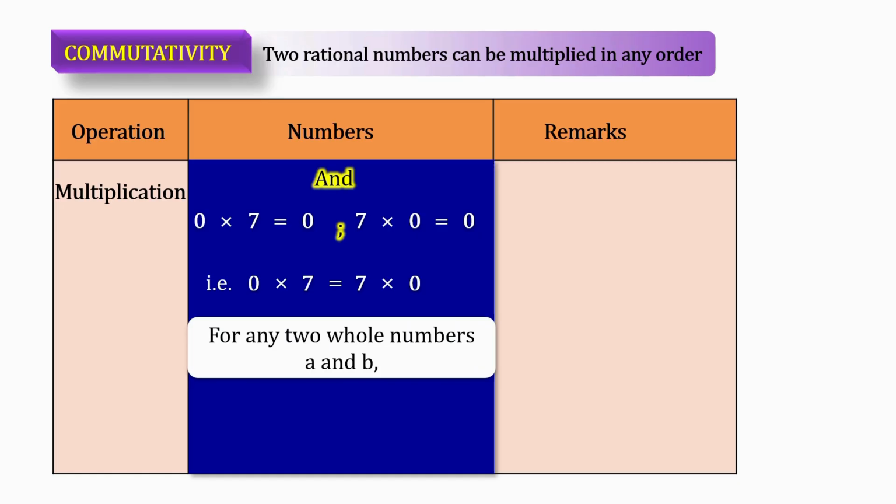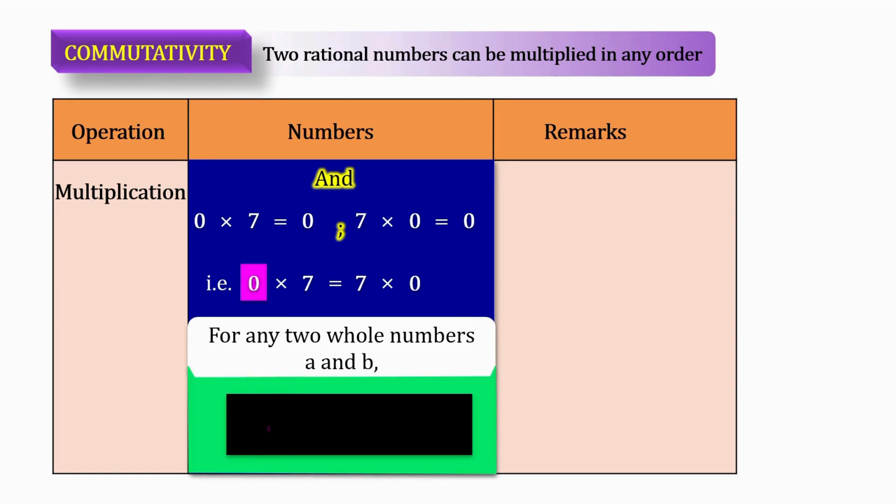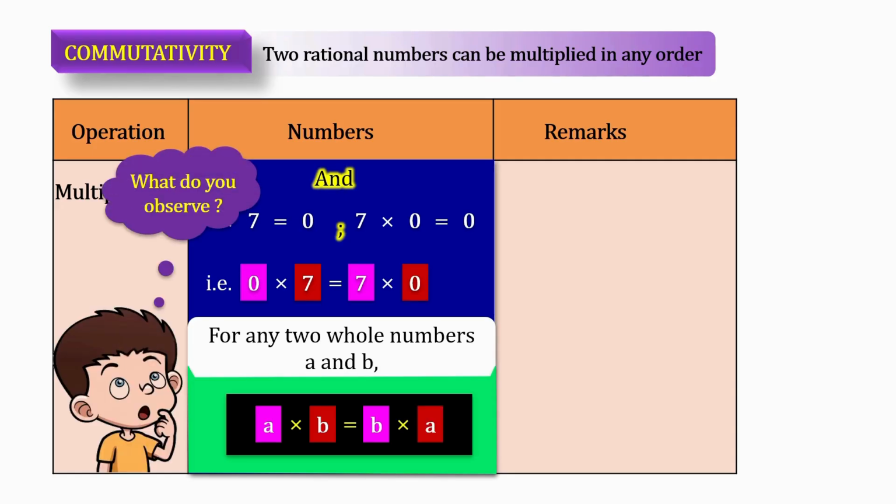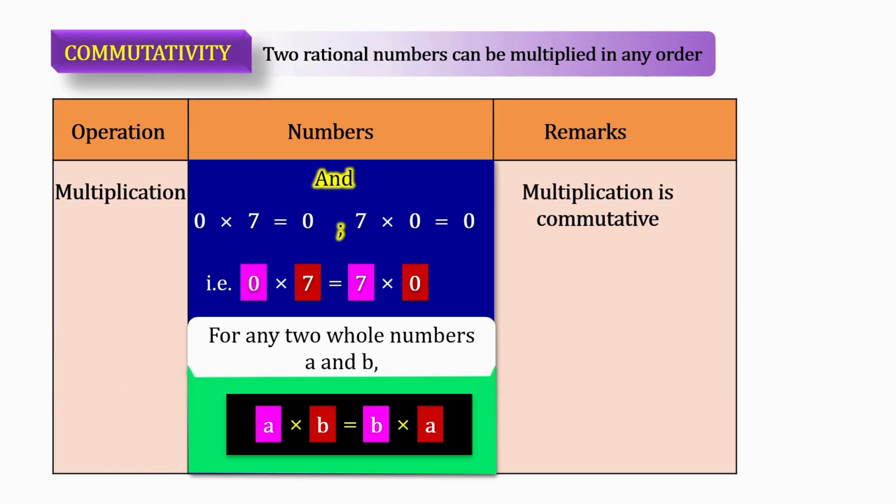That is 0 multiplied by 7 is equal to 7 multiplied by 0. So for any two whole numbers a and b, a multiplied by b gives us b multiplied by a. So what do you observe? Multiplication is commutative.